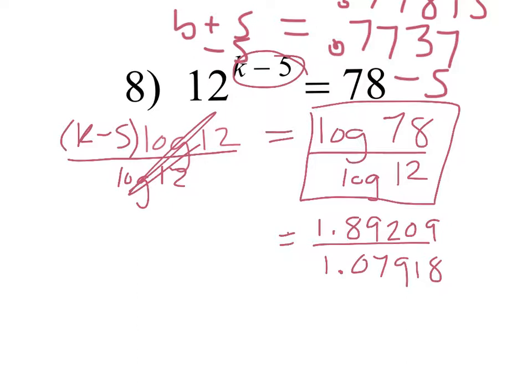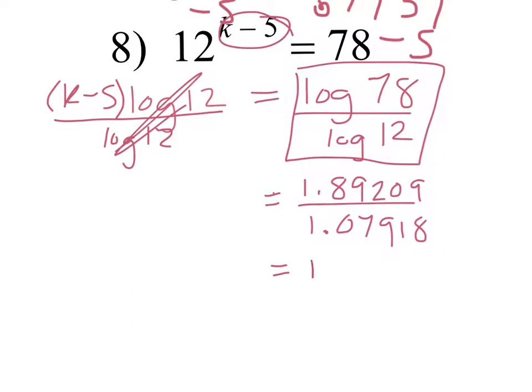And now we divide them. And I get 1.75327 is equal to k minus 5.